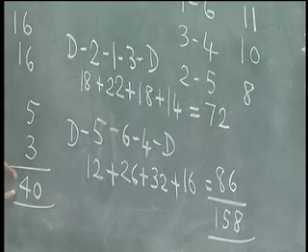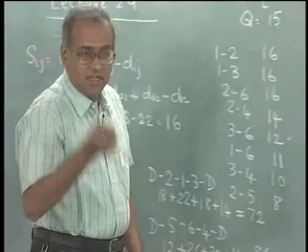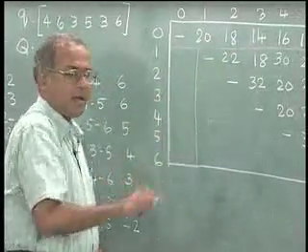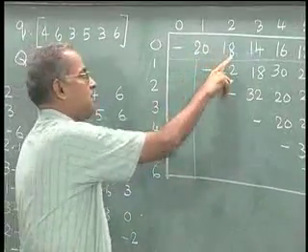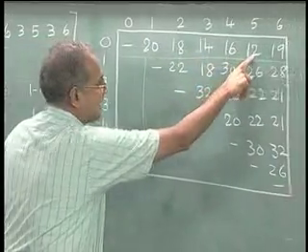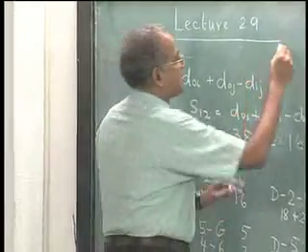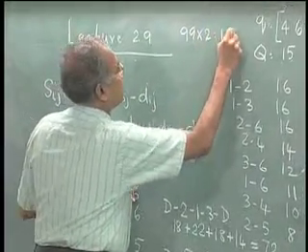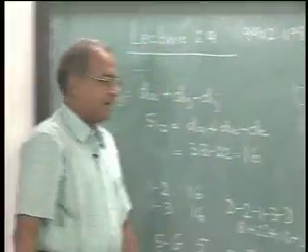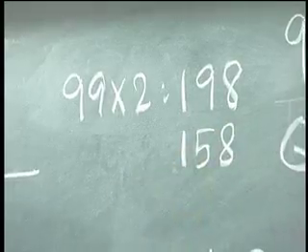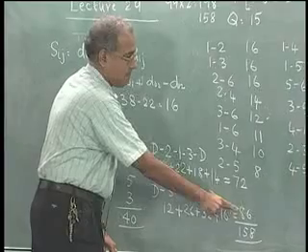Now the savings is 40. If the vehicle had gone individually to each one and come back, it would have travelled 20 plus 18, 38, 52, 68, 80, 99. So it would have travelled a total distance of 99 into 2, which is 198. It actually travels 158, which is 72 plus 86.